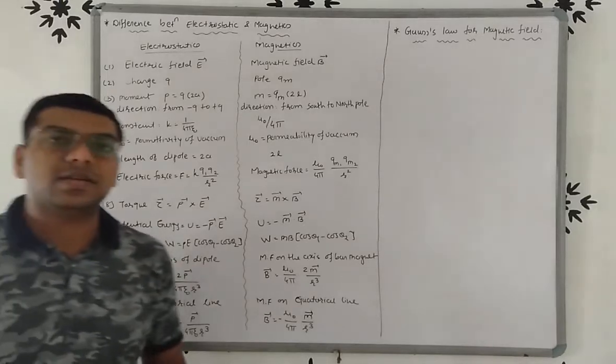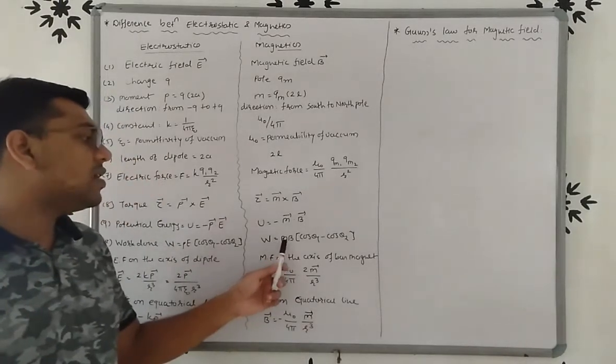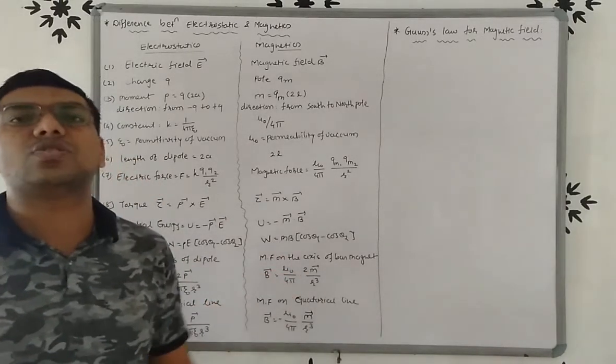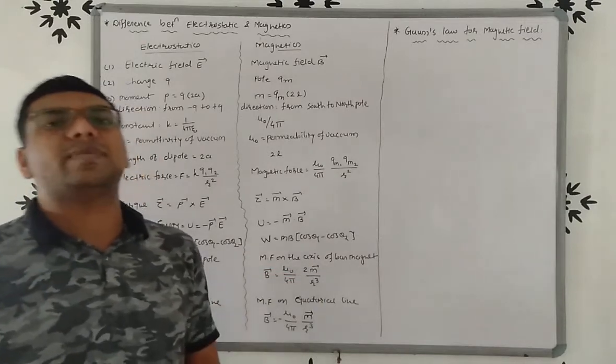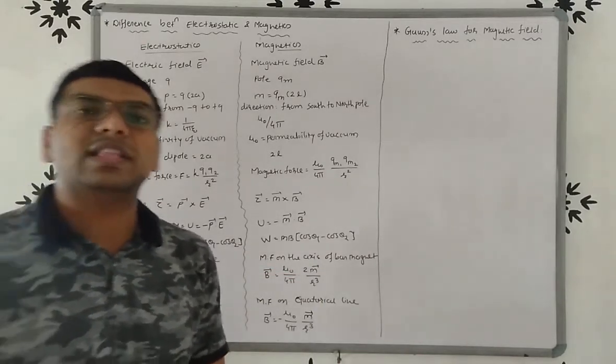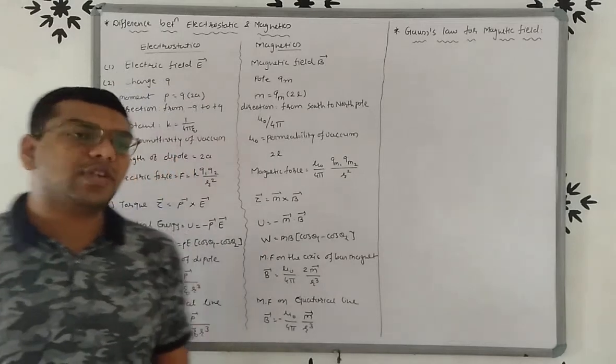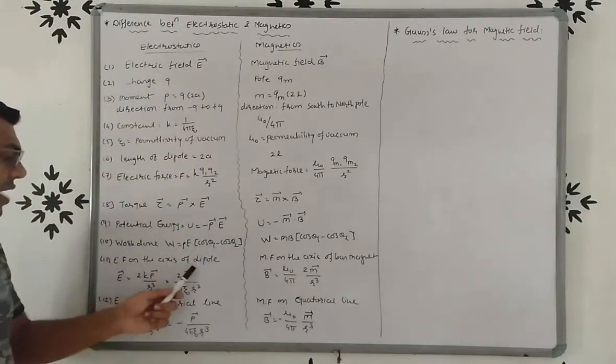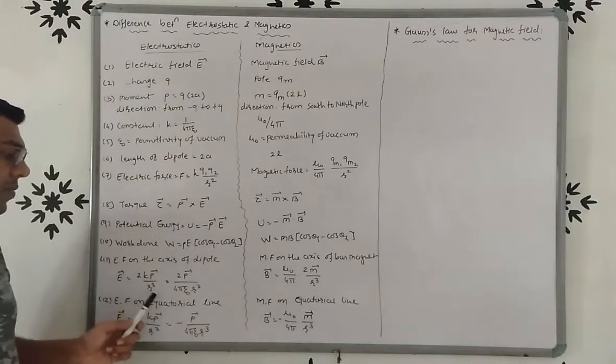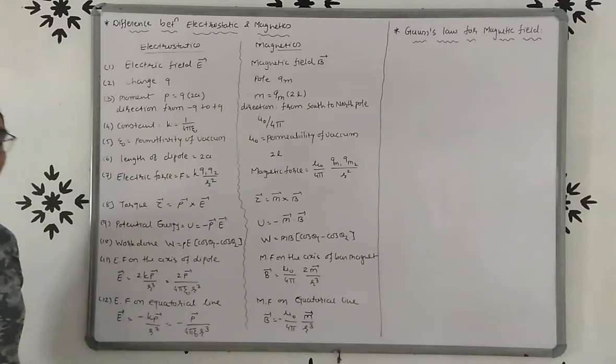In magnetics, work done mB (cos theta 1 minus cos theta 2). Then at last, the formula of electric field on the axis and equatorial line. On the axis of dipole, 2kp upon r cube, and on the equatorial line, minus kp by r cube.